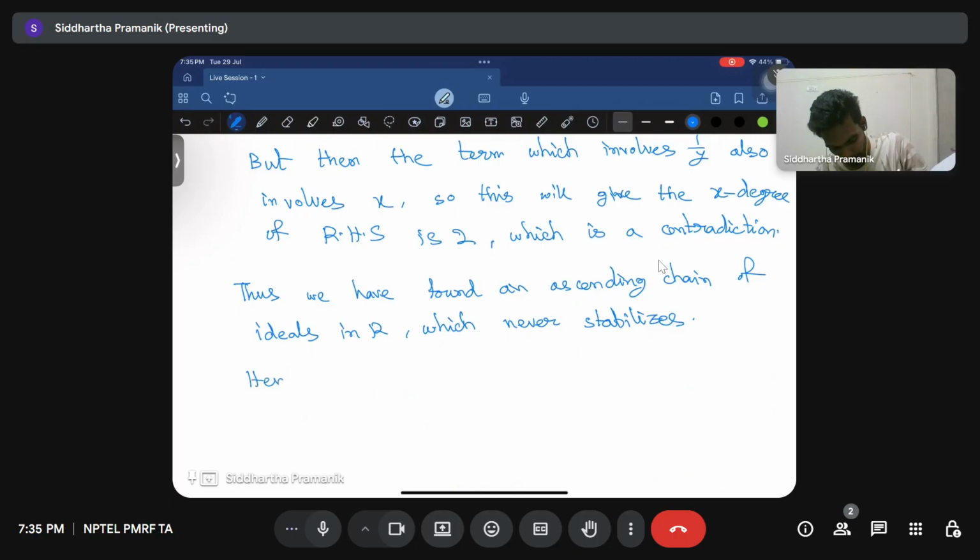Hence, R is non-Noetherian. So this completes the proof.